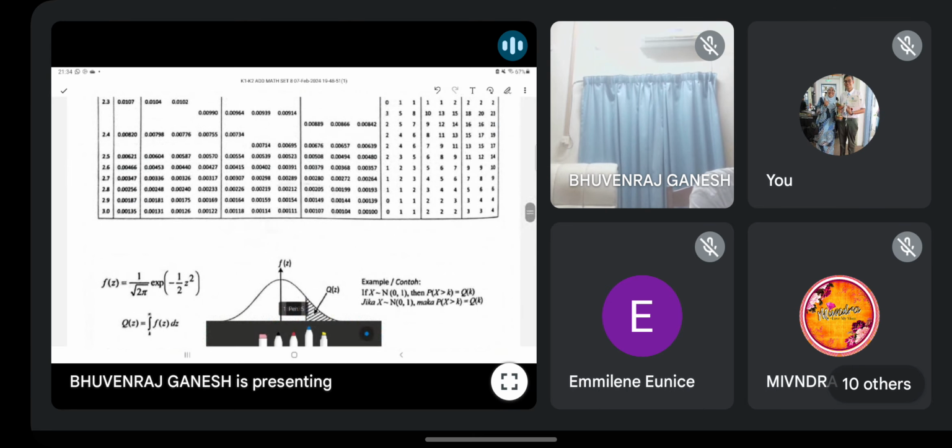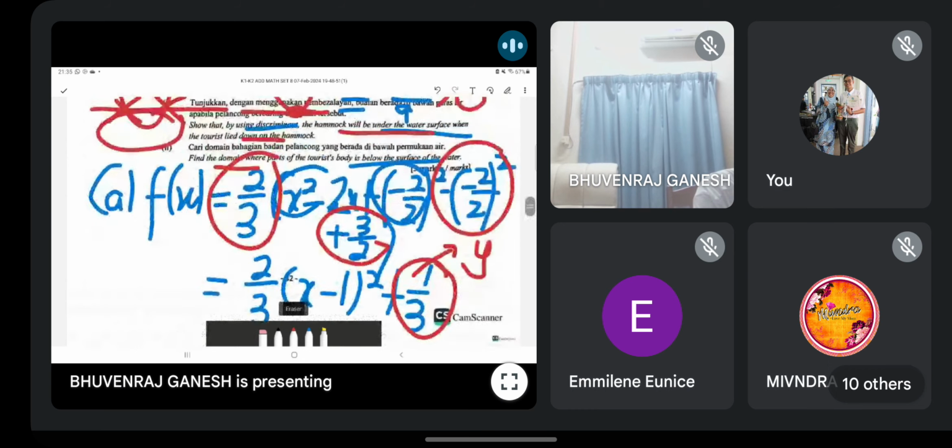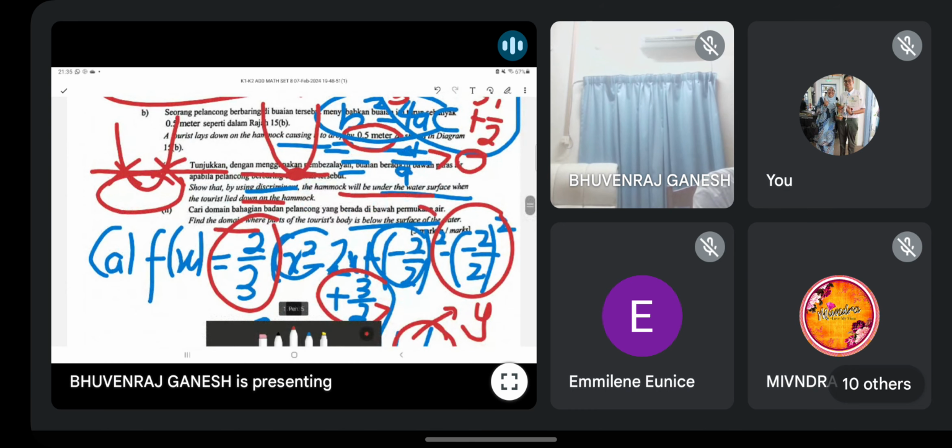Saya tulis kat sini lah guys, not enough space. So your original equation is like this. Okay, so you say less than 0 lah. Kamu bagi dia lebih kurang dari kosong. Kenapa? Because they say below the surface of the water. Okay, that's why lebih kurang dari kosong.